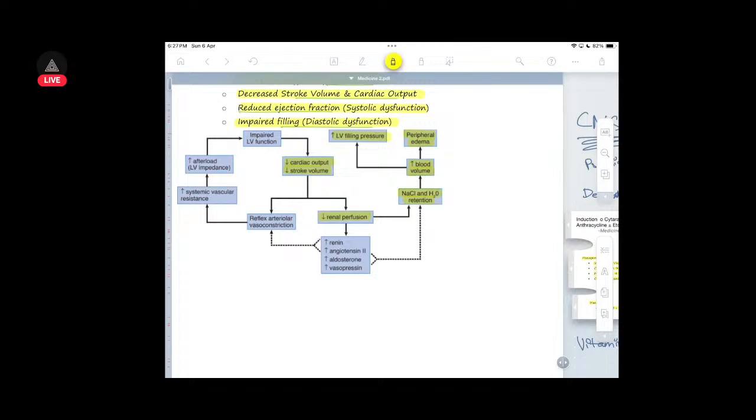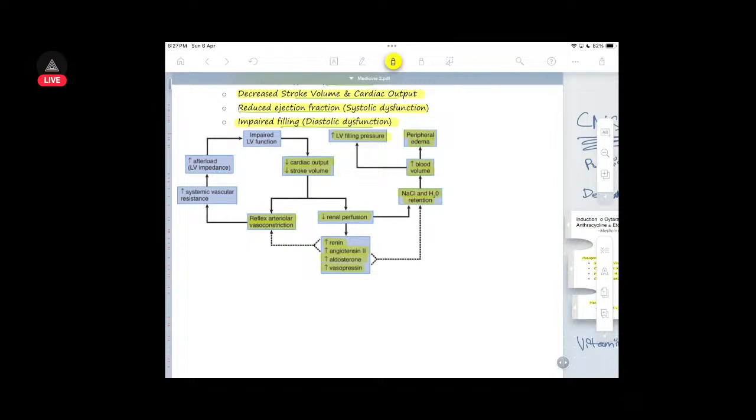The second thing: as this happens, there is reflex arteriolar vasoconstriction because of reduced output and stroke volume. Renal perfusion reduces, which leads to reflex renin release, angiotensin 2 increases, aldosterone increases, and vasopressin increases. All of these hormones will increase.